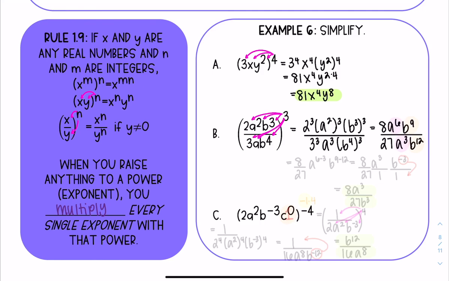But now we need to simplify. Now we can't simplify 8 and 27, but we can simplify the a to the 6 and the a cubed, and the b to the 9th and the b to the 12th. So we have 8 over 27. And then we have a to the 6 minus 3. And b to the 9 minus 12.